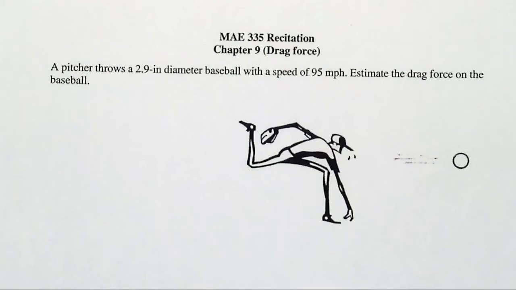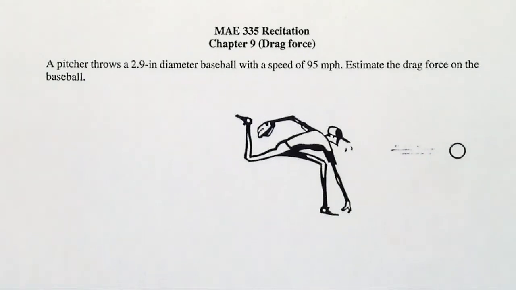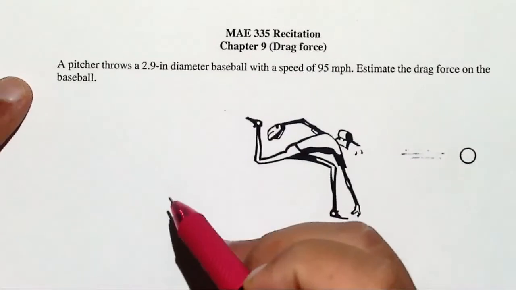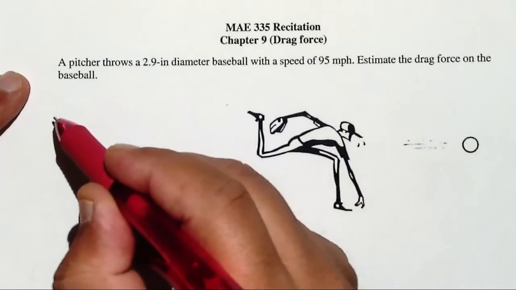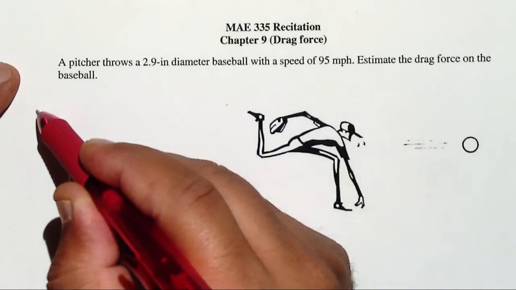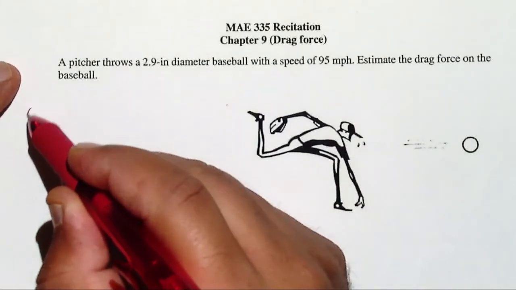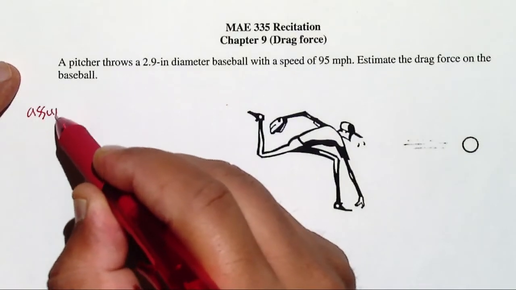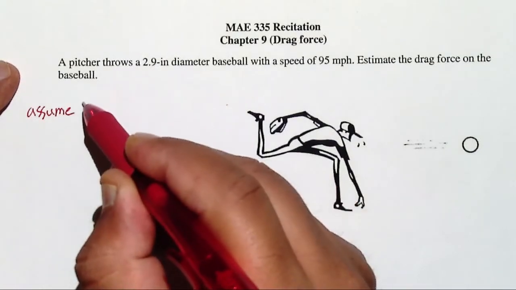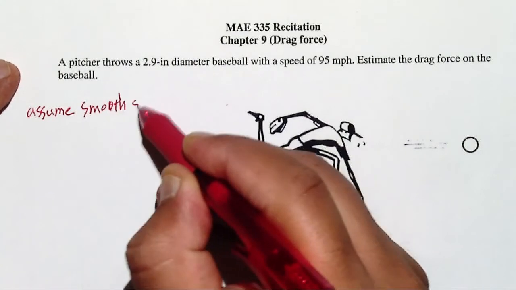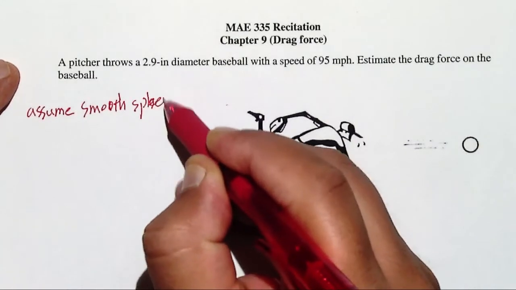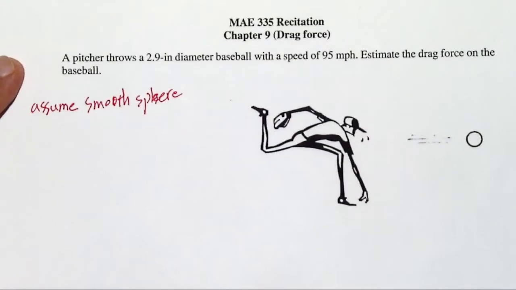Okay, so this is not a complete question, so I have to complete it with my information, right? First, it has to say whether it is a smooth sphere or not. That's an input in the question. Assume this is a smooth sphere. Okay, so that's the first one.